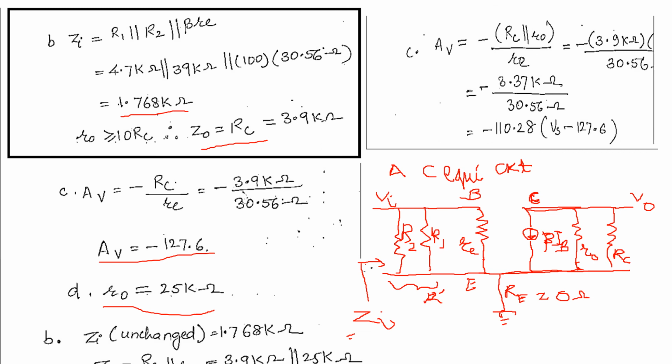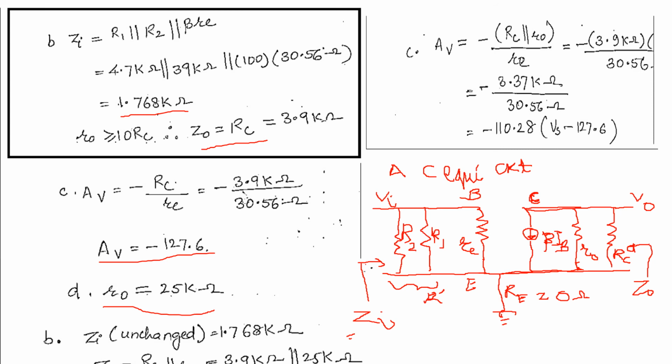Now coming to this side, this is your Z0, the output impedance looking back into the network. When you are finding out Z0, you have to open the input current terminal, so that will act as an open circuit.